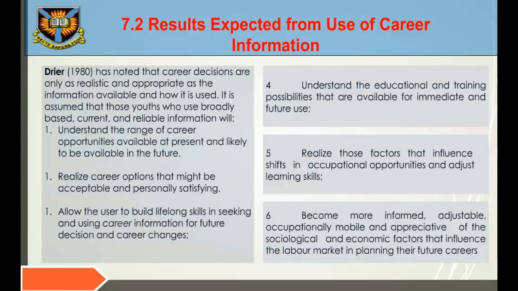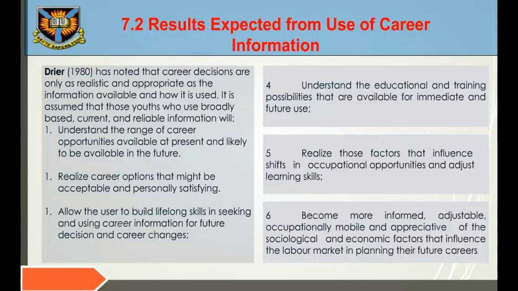Results expected from use of career information. Dreyer, 1980, has noted that career decisions are only as realistic and appropriate as the information available and how it is used. It is assumed that those youths who use broadly based, current and reliable information will: 1.